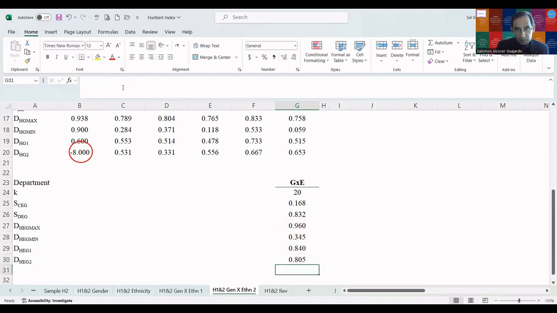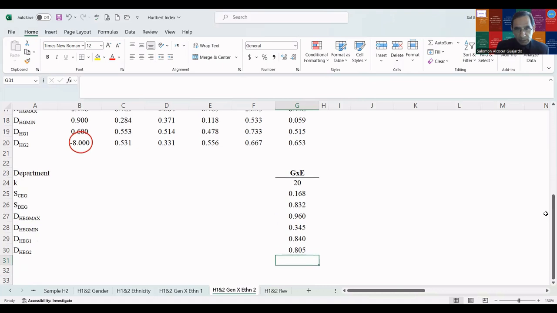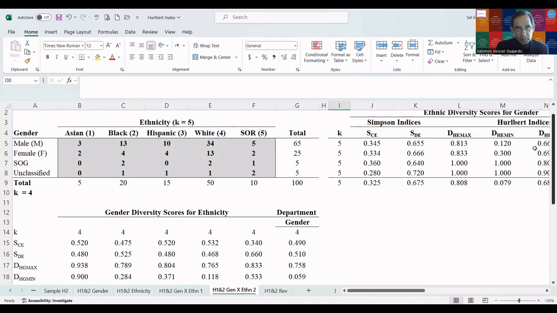That gives me a relative diversity score of 0.805, indicating that there's an 81% chance that individuals of a different ethnic and gender group will come in contact with each other, or that the organization obtained 81% of the relative maximum score of 0.960. So that's how you apply the Hurlbert diversity scores to a contingency table for all the frequencies inside that table.